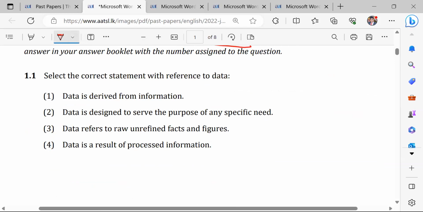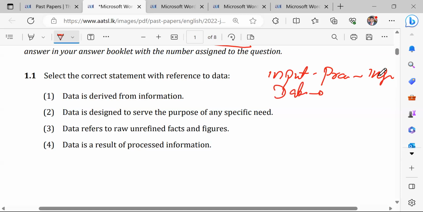Now we'll see the data process cycle, the system: input, process, and information. What is input? Data. Data is the raw fact gathered.